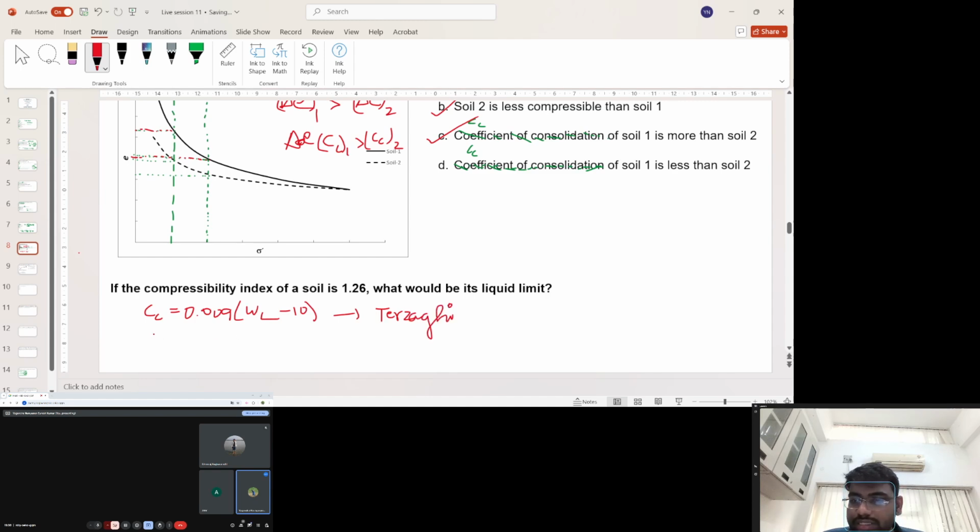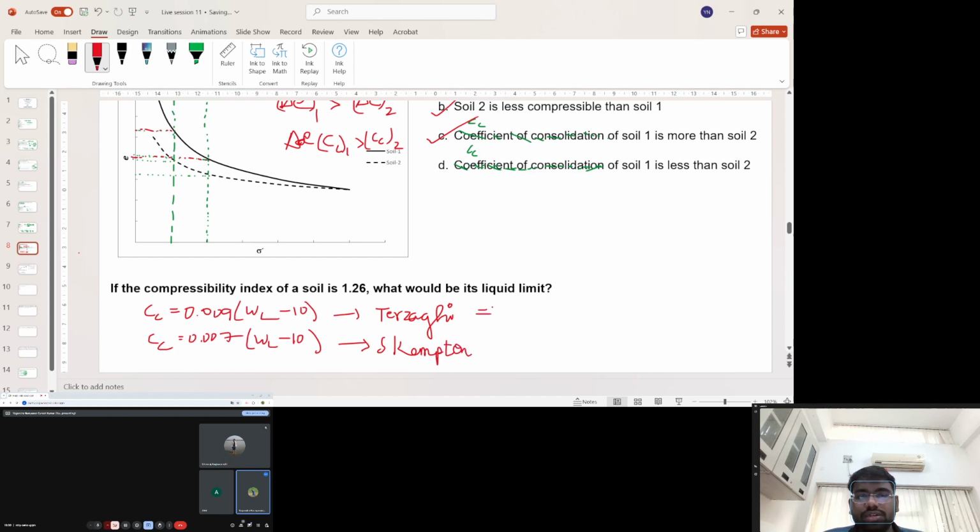And the second relation is 0.007 into (WL minus 10), which is given by Skempton, right?